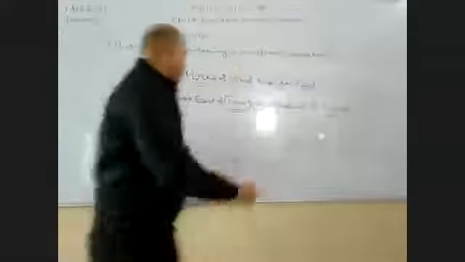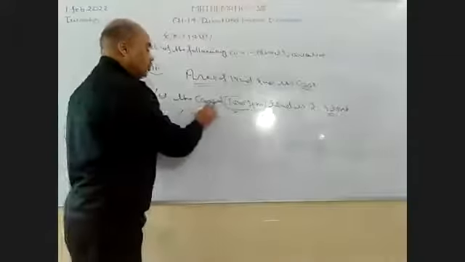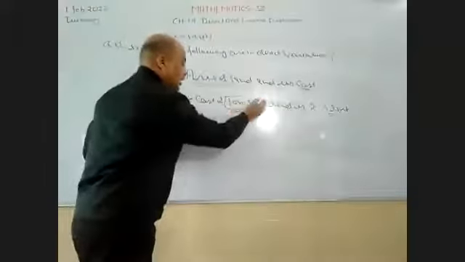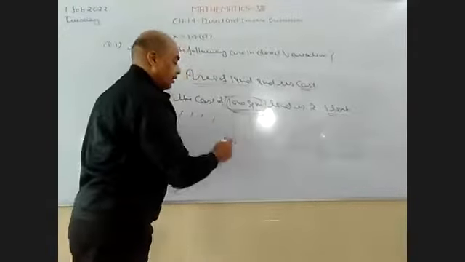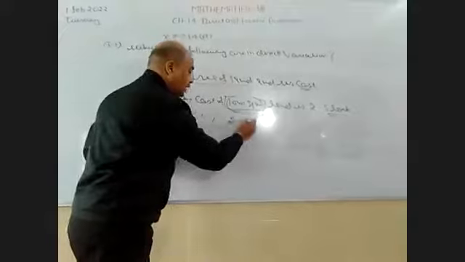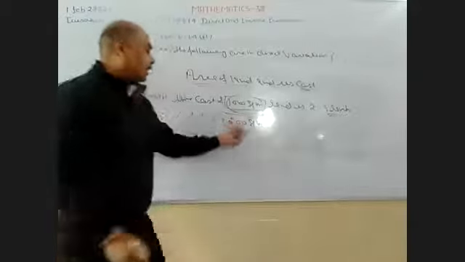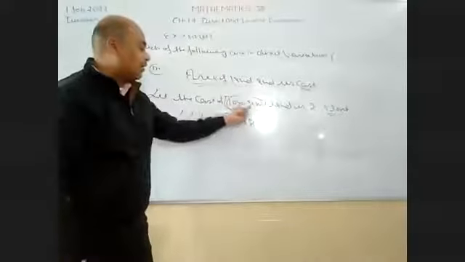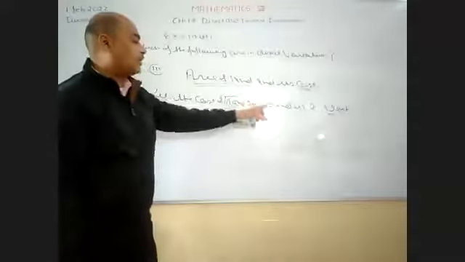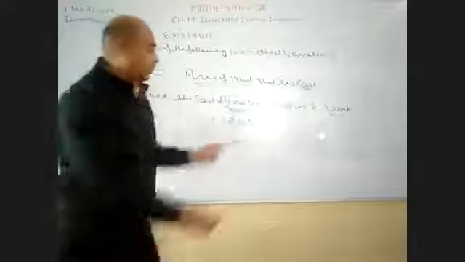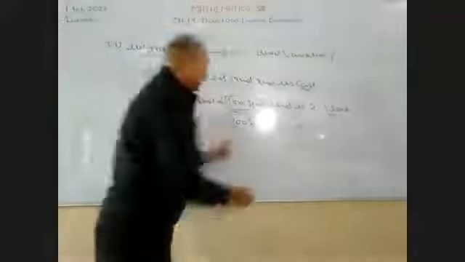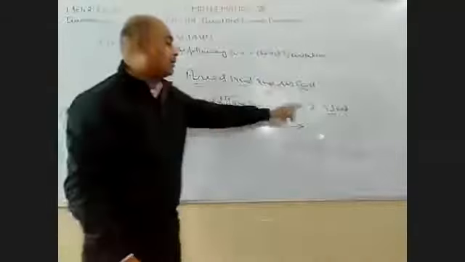Now I want to increase the area of the land. I write here 200 square meter. Now I want to check whether the amount will increase or decrease. If I increase the area of the land, then the price of land is going to be increased or decreased.